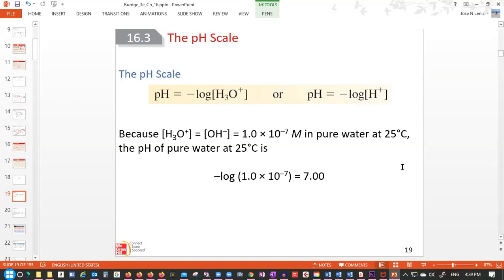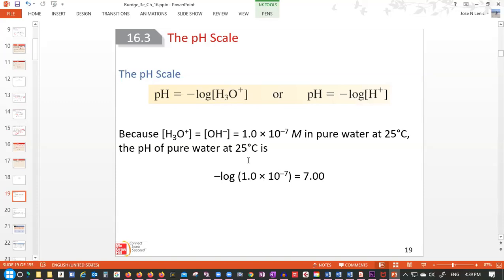Something that is related directly to the concentration of H3+ in that solution. That is a simpler way to write it. Because if we were to use concentrations, we will have to use scientific notation, huge numbers, sometimes very small numbers.